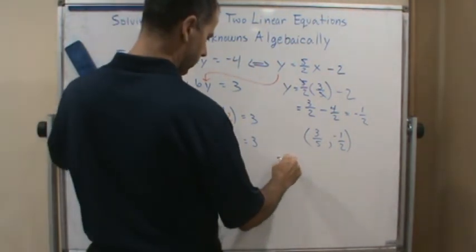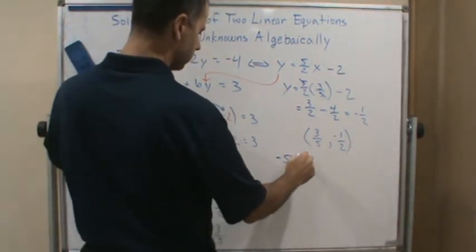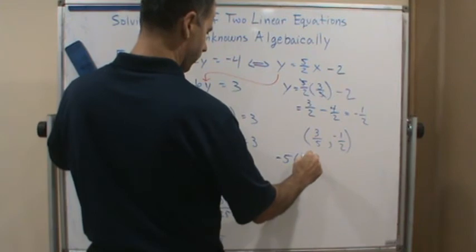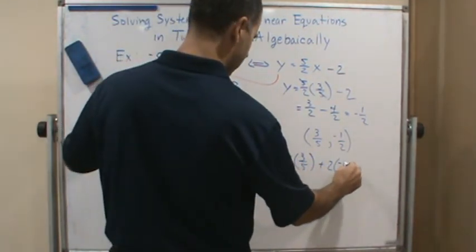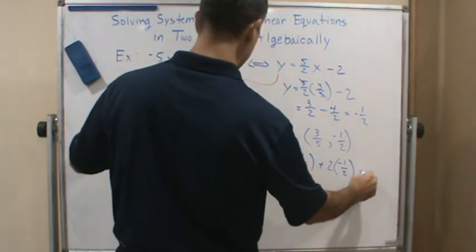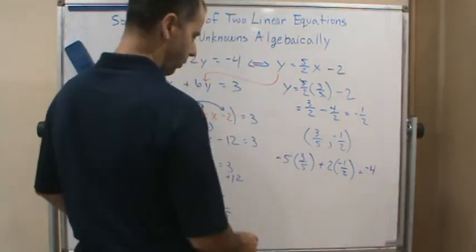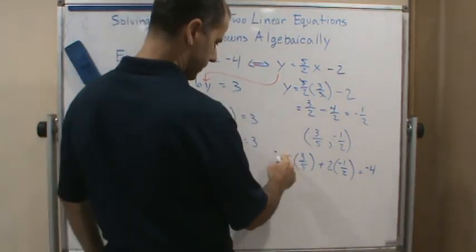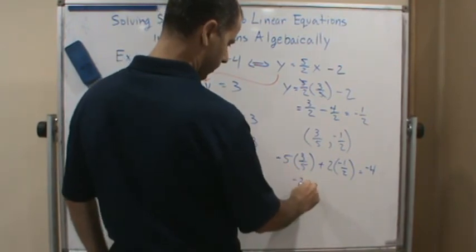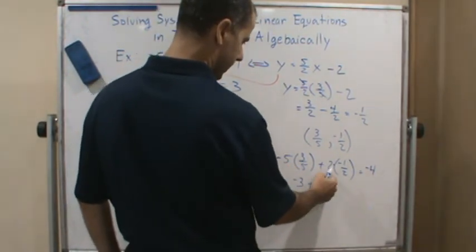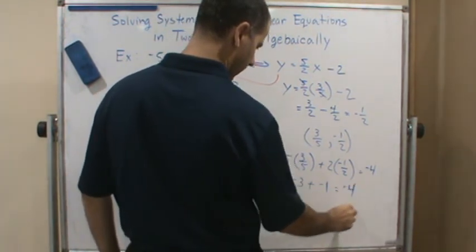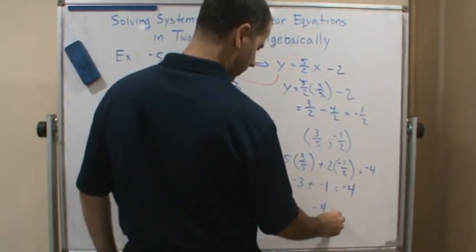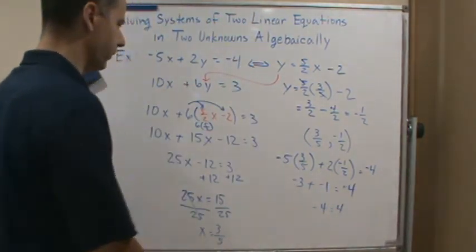So negative 5 times 3/2 plus 2 times negative 1/2 equals negative 4. Well, what do we get here? This times this gives you a -3, plus this times this gives you a -1. And what do you get? You get -4 equals -4.